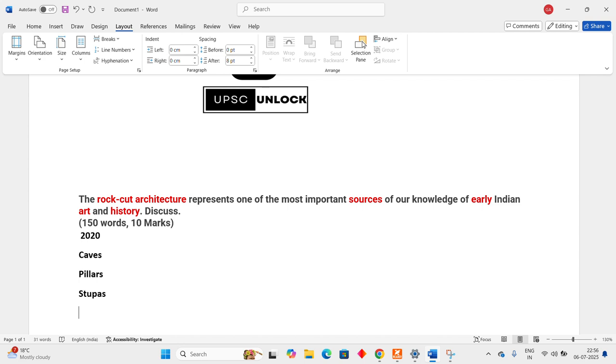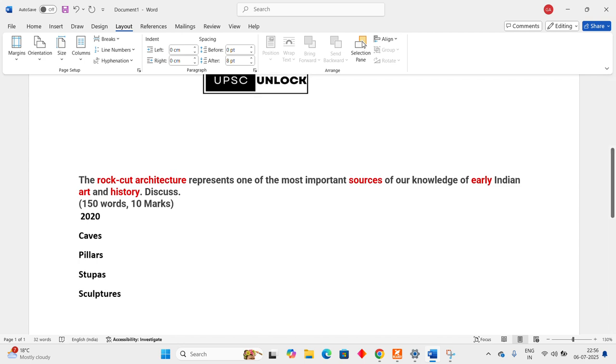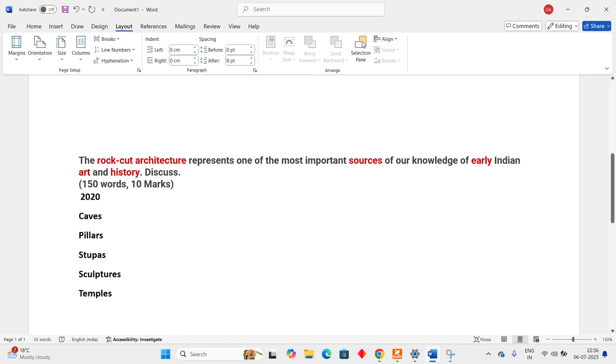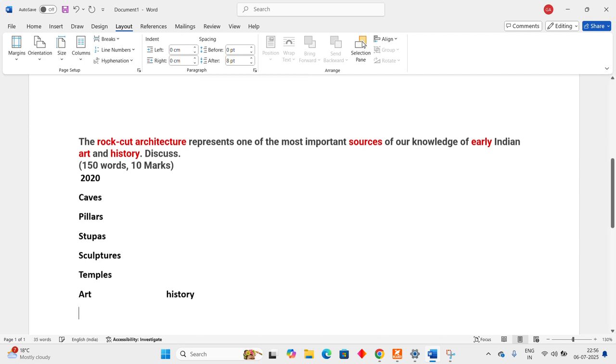Then you can include sculptures and temples. This way you can include the rock cut architecture broadly. Now you have to include the art part and the history part. So there is art and there is history.